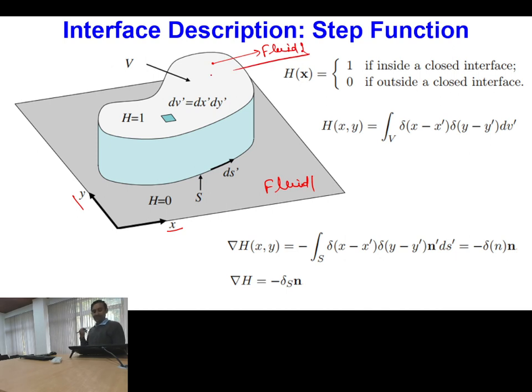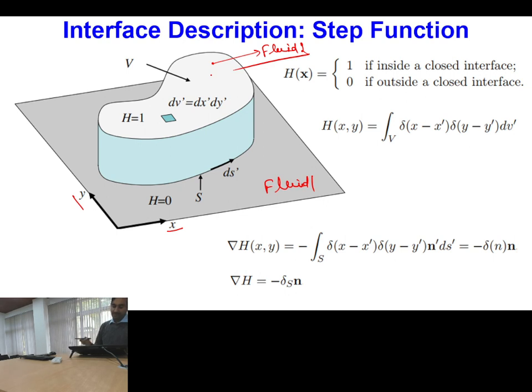Now I will be defining some function. This is nothing but identical to your phase density function, phase distribution function. What was the phase distribution function in our experimental methods? Its value will be 1 when I am in phase 1, and if I am in phase 2, its output will be 0. Okay. So like the phase distribution function, this is nothing but a step function I am calling it over here.